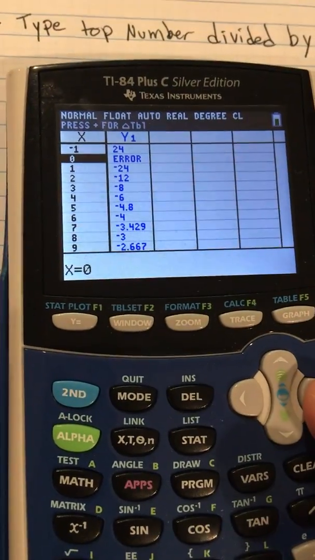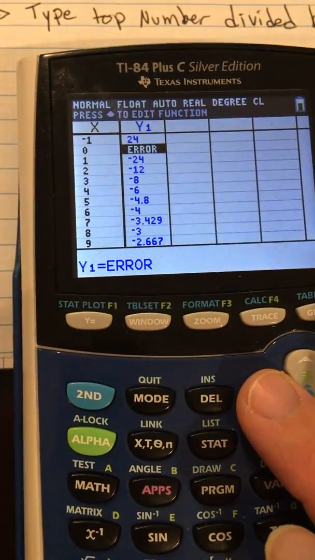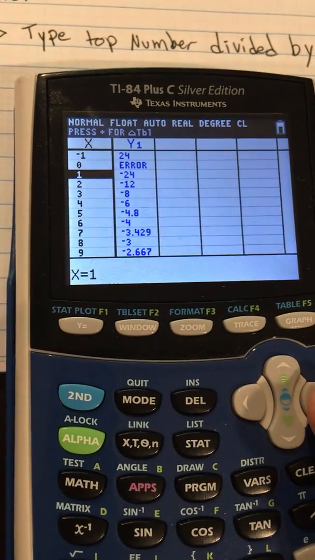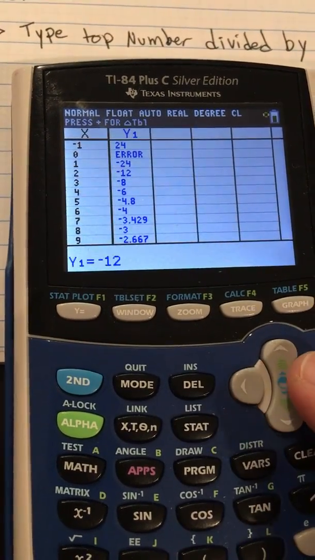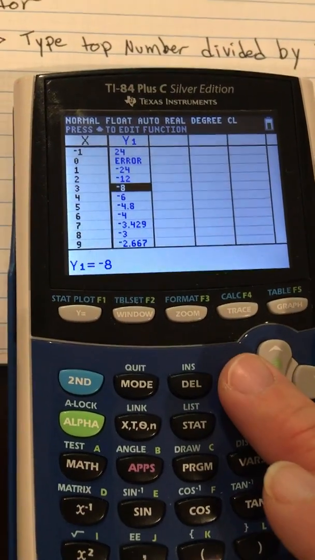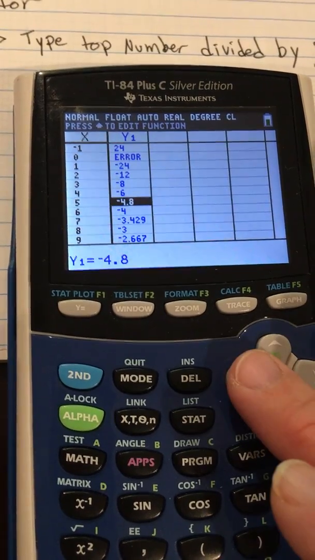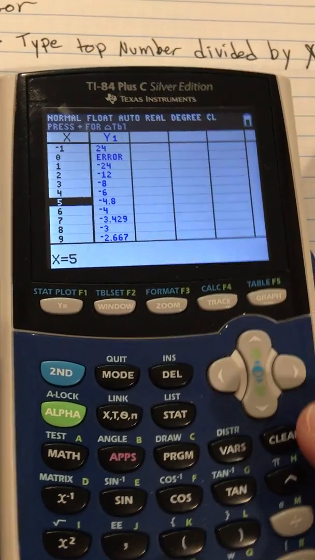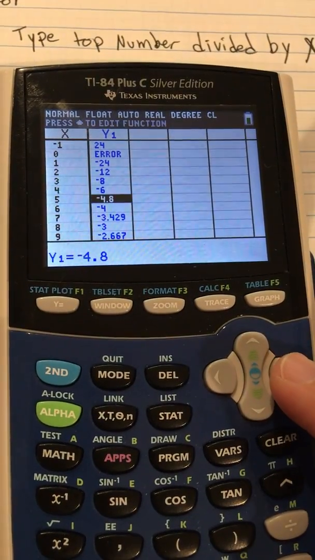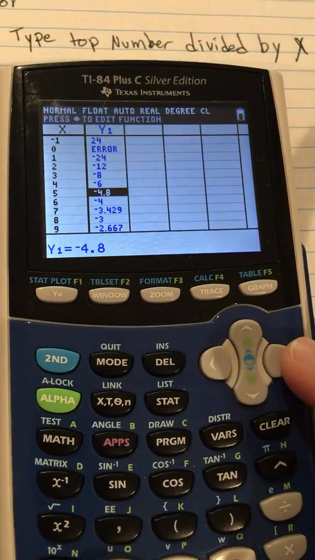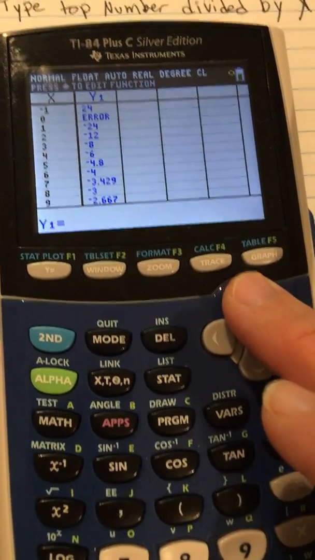So 0, well, you can't get anything besides multiplying by 0 to get 24. 1 times negative 24 is negative 24. 2 times negative 12 is negative 24. 3 times negative 8, negative 24. 4 and 6. But then they have these that have decimals. We're not going to really worry about those. We're kind of just going to overlook them. So 5 times negative 4.8 gives us negative 24. We're going to continue on.